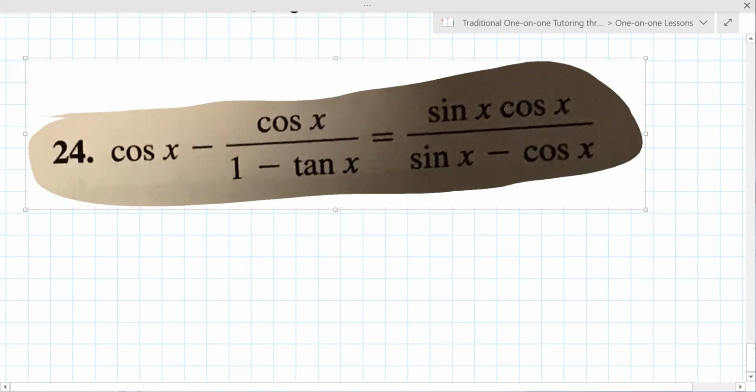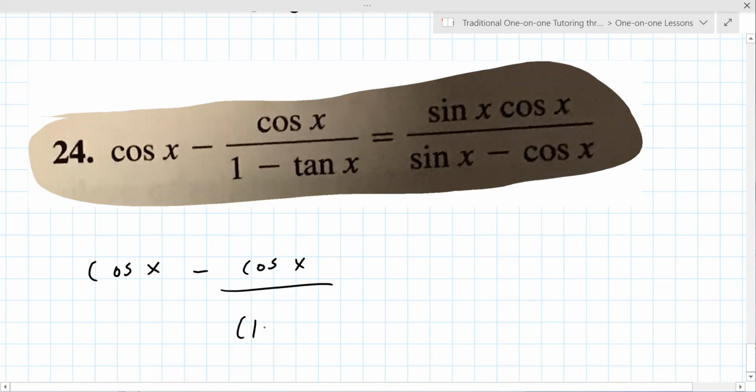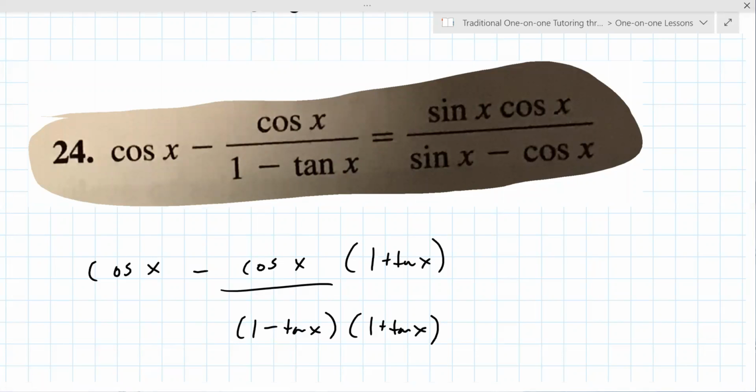All right. Now on the left side here, you got this 1 minus tangent x. That's screaming, let's multiply by 1 plus tangent x. You agree with that? I 100% agree with that. And that's a common strategy here to do. So it's 1 minus tangent x, 1 plus tangent x. On the bottom, you get 1 minus tangent squared x.